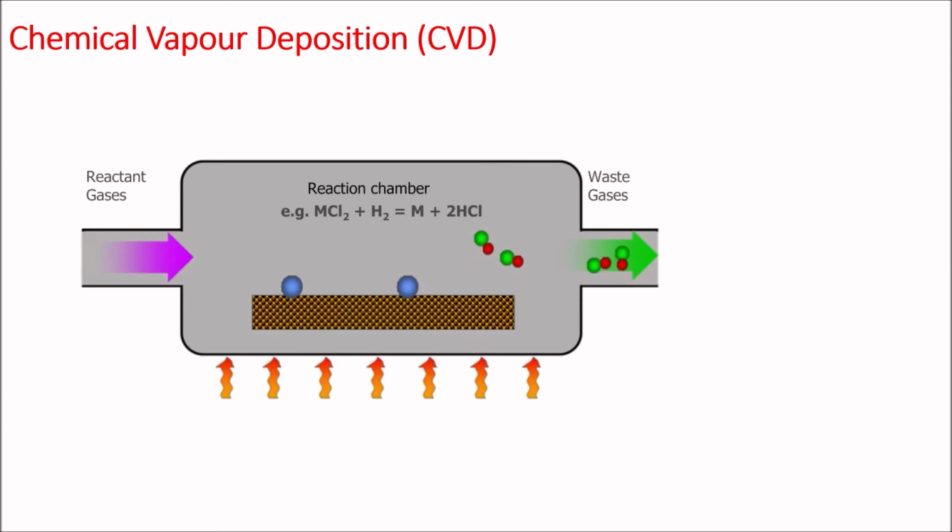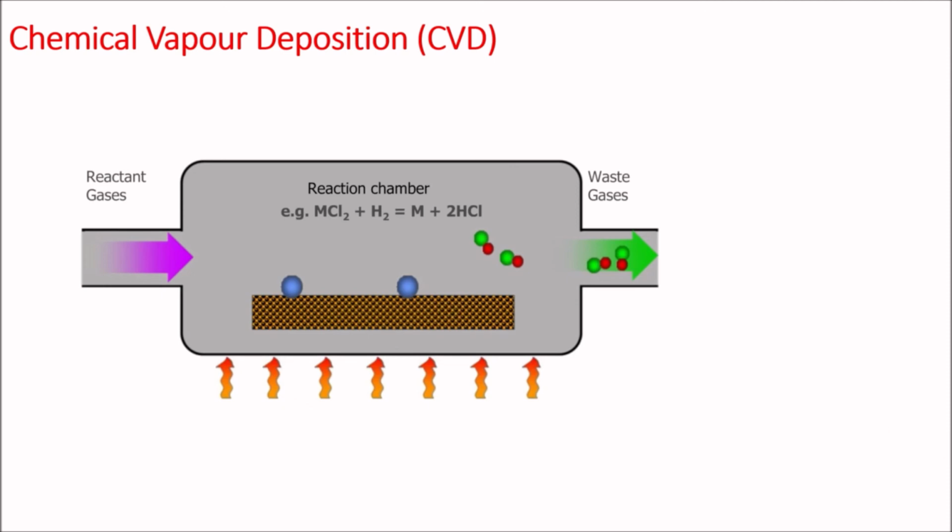Precursor gases are delivered into the reaction chamber at approximately ambient temperatures. As they pass over or come into contact with a heated substrate, they react or decompose, forming a solid phase which is deposited onto the substrate. The substrate temperature is critical and can influence what reaction will take place on the substrate.